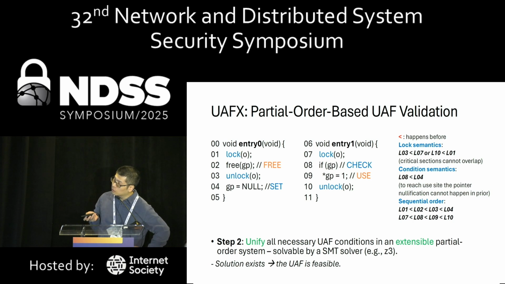These are natural intra-function constraints. Given all these constraints, we can employ an SMT solver such as Z3 to find a solution. If a solution exists, in other words, there is a specific ordering of all these relevant program statements that can satisfy all our constraints, we say that the UAF is feasible. Otherwise, we think it's an infeasible case.